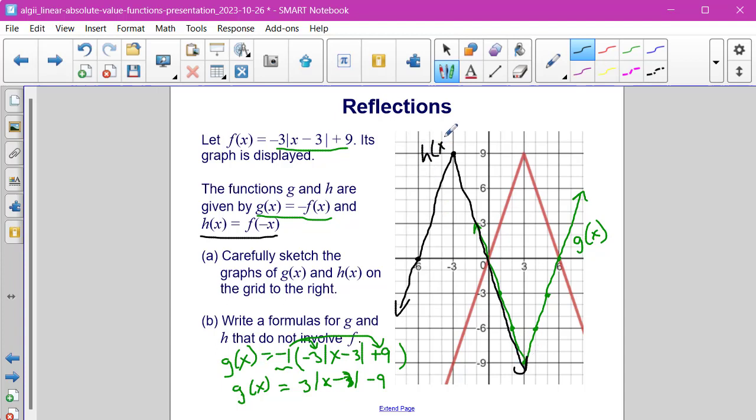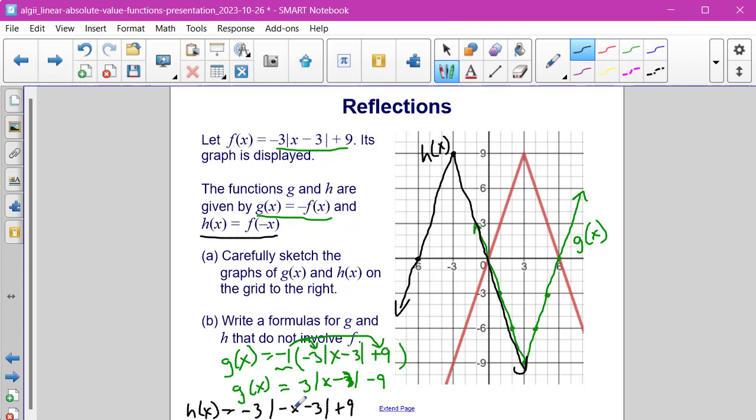So here's h of x, and now what's the actual formula or function for h? So h of x equals f of negative x. That means wherever an x appears in the original function, we're going to substitute in a negative x. So we still have the -3 out in front, then we have the absolute value of -x minus 3, and then plus 9.